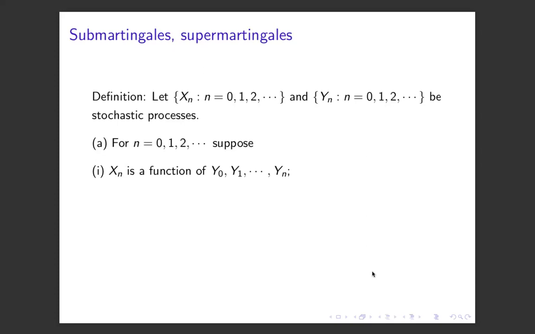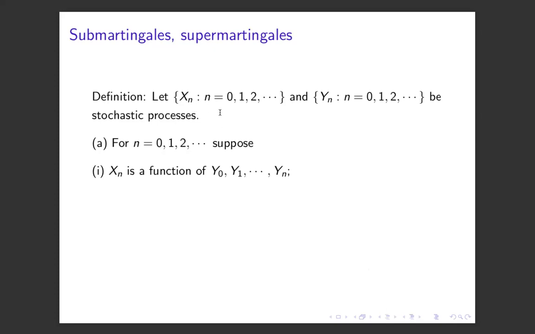So as before, xn and yn are stochastic processes, of course one dimensional, discrete valued, and so on. Remember, in a martingale the defining property was an equality. Here, these are not going to be equalities.